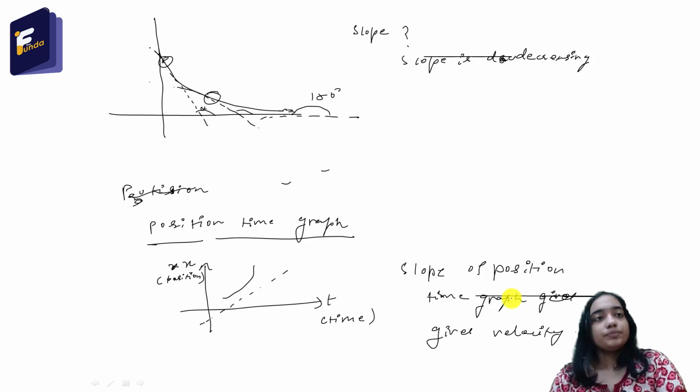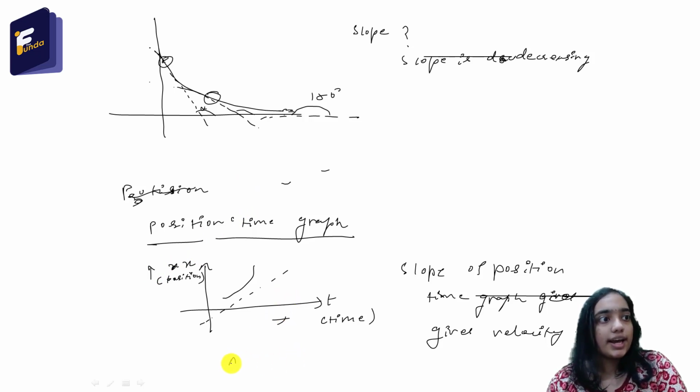So why is this so? You know that the slope means change in y-axis by change in x-axis. Here the y-axis represents the position and the x-axis represents the time.